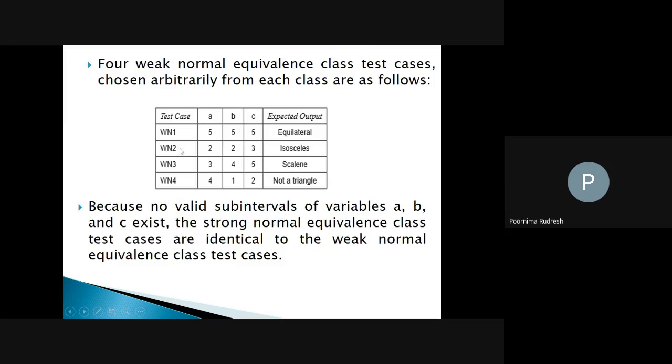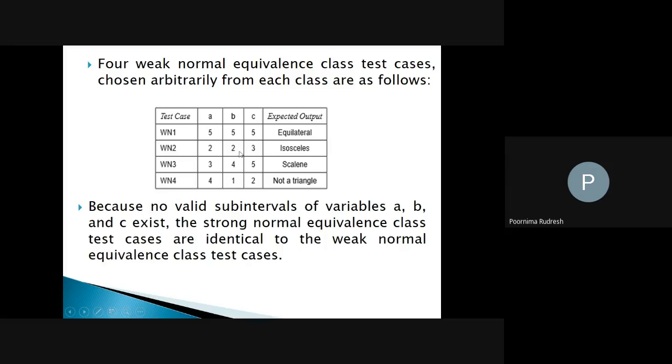And the second one is weak normal test case 2. Here we are constructing the test case for the isosceles triangle. When any two of the sides are equal, then we say that it is an isosceles. So here we are considering the example of A is equal to 2, B is equal to 2, and C is equal to 3.